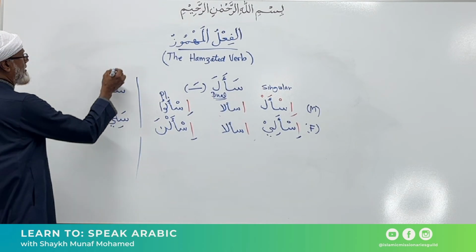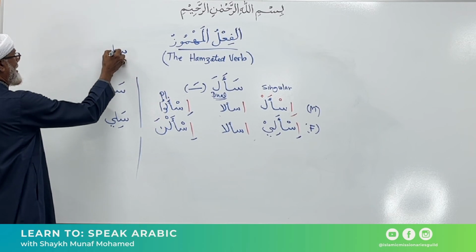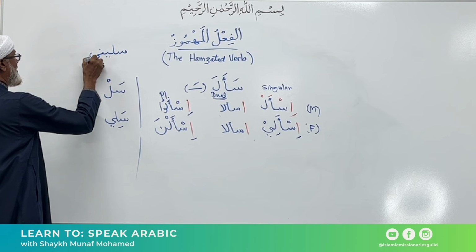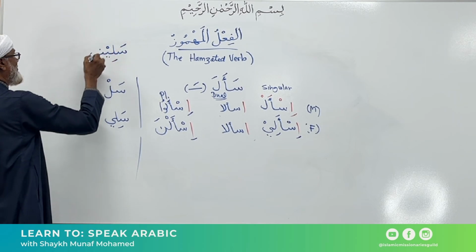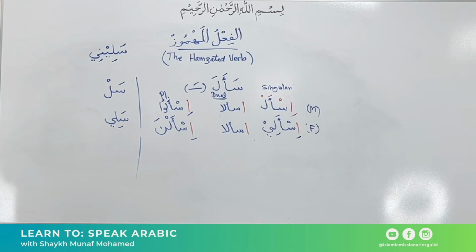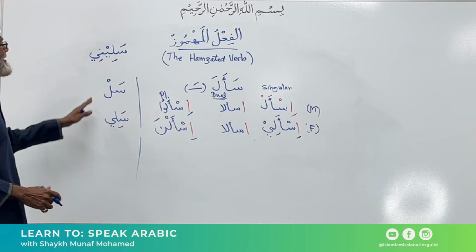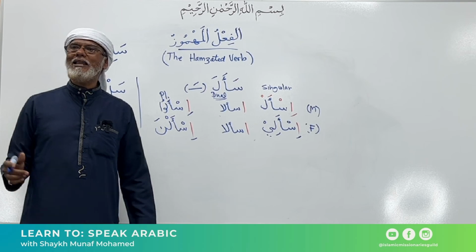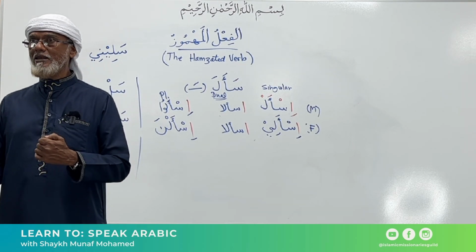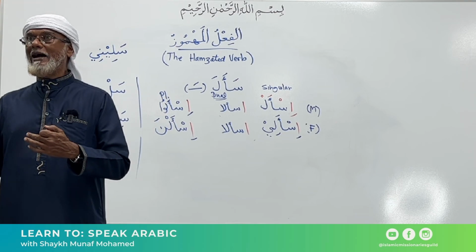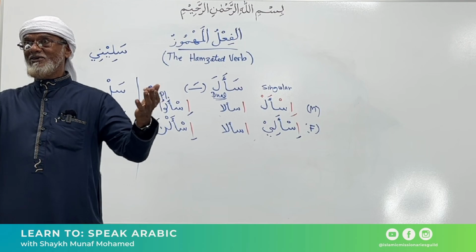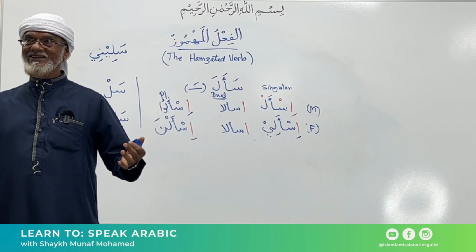So he said to her, Salini. Salini. What does that mean? Ask me. Very good, ahsant. Salini min mali ma shi't. Salini min mali, my wealth. Ma shi't. Whatever you wish, whatever you want.